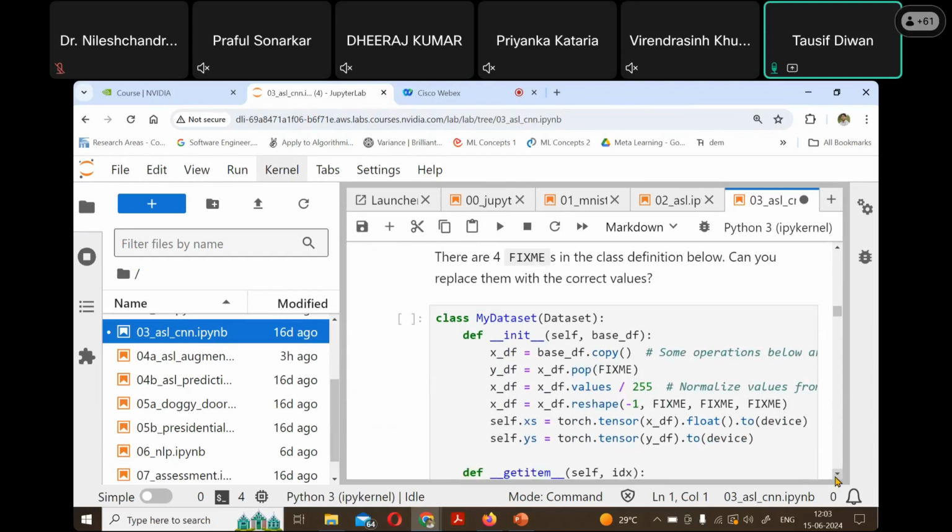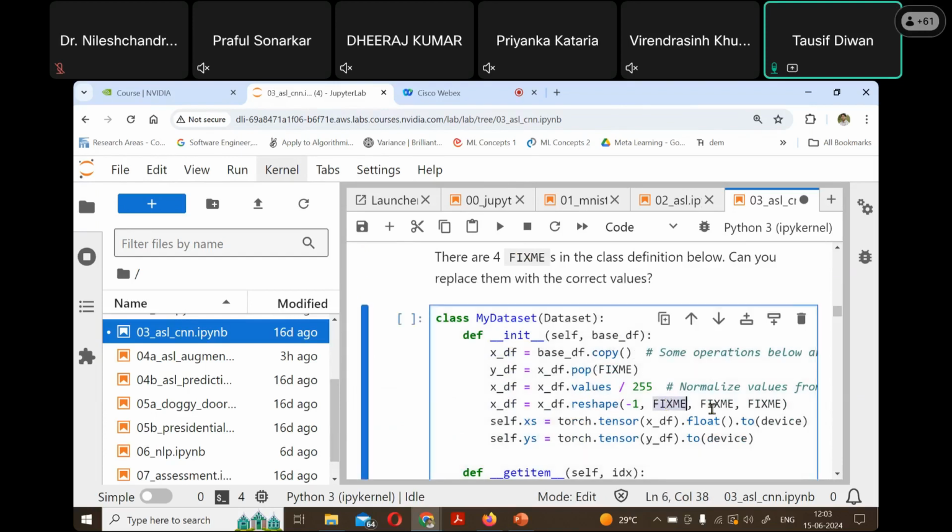Now once again in this example there are 4 fix me's. This is first, second, third. Okay, we need to do the reshape. Once the data set is initialized, what should be the shape of the data, that we need to figure out. Okay, what we are doing over here, once the data set is initialized, training data and validation data, first of all we are removing the label, xdf.pop.